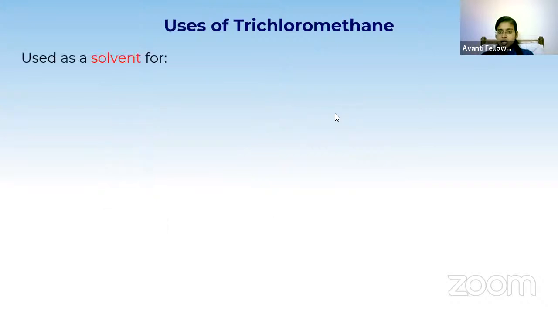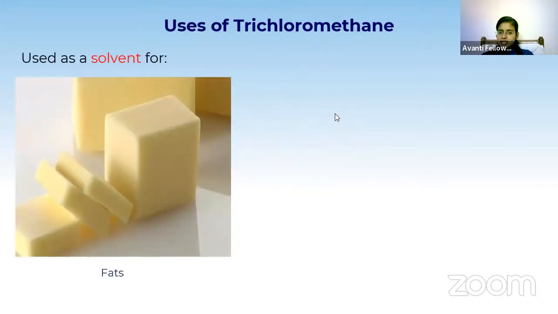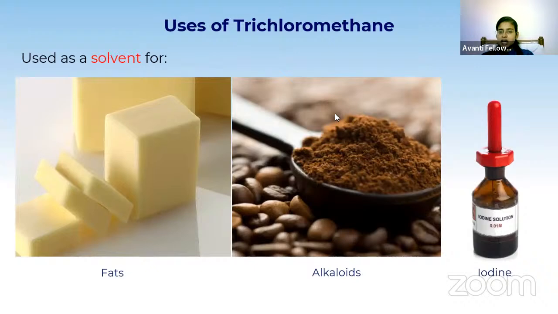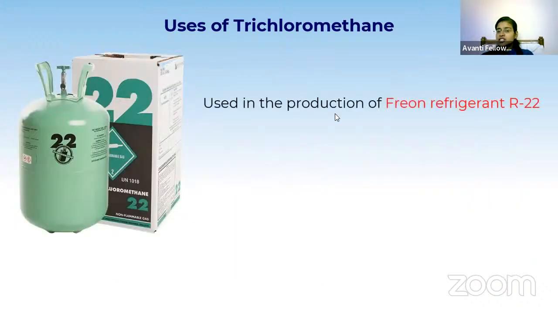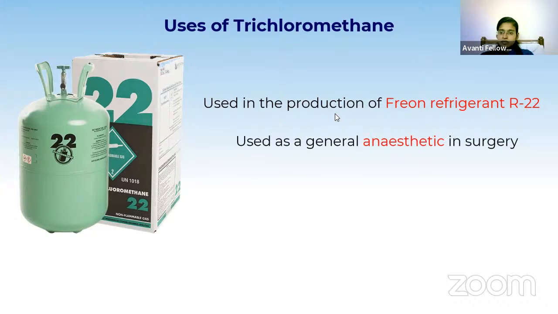It is used as a solvent for fats, alkaloids, and iodine. Not only these uses, it is also used in the production of the Freon refrigerant R22. And a very important use is as an anesthetic in surgery.